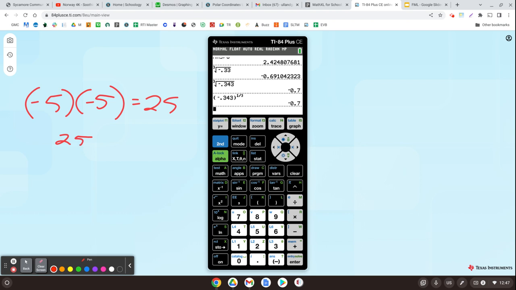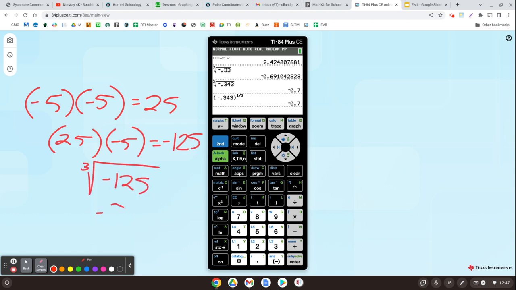What's positive 25 times negative 5 again? Negative 125. And for that reason, the cube root of negative 125 is negative 5. So excellent, you just made a really important discovery. You can take the odd roots of negative numbers and not get imaginaries. Okay? All right.